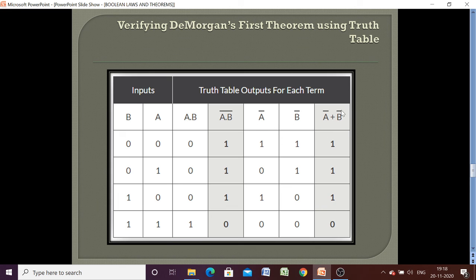And here we are calculating the AND of these two columns, so we will have this result. Now ultimately we have to compare whether this expression is equal to this one or not. Yes, these two are equal, hence De Morgan's first theorem has been proved using truth table. Similarly, we can prove the second theorem as well.